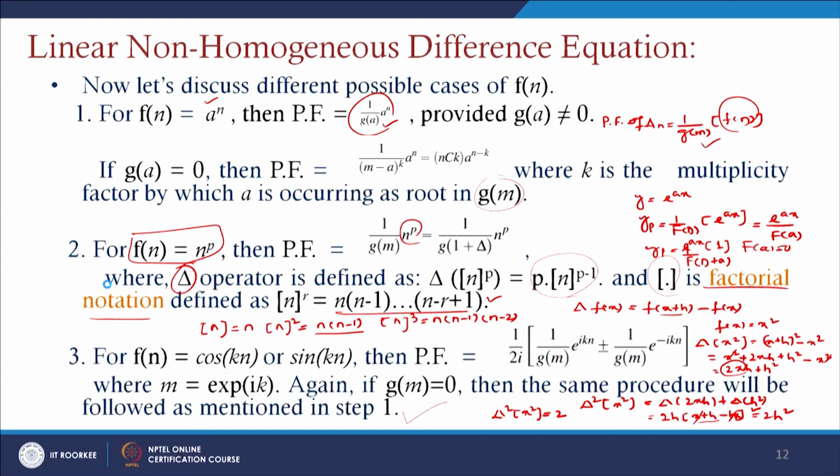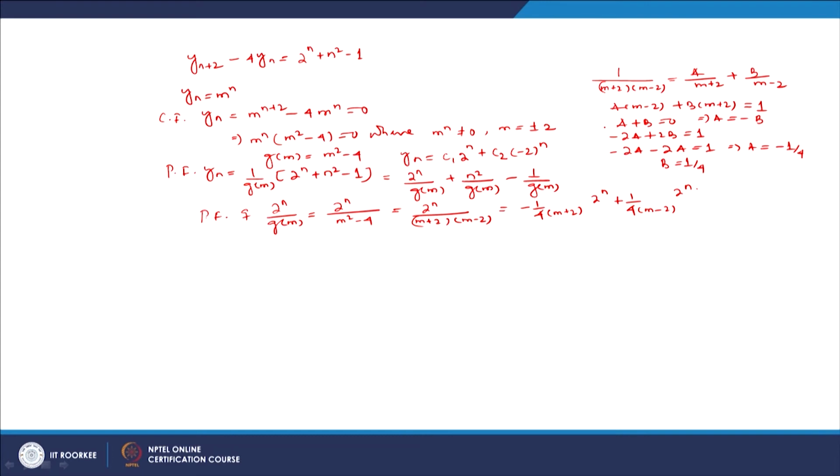From this slide, 2 to the power n by m plus 2, if we directly replace m by 2, we can write this as minus 1 by 4 times 2 to the power n by 4. This is the first part of the solution.